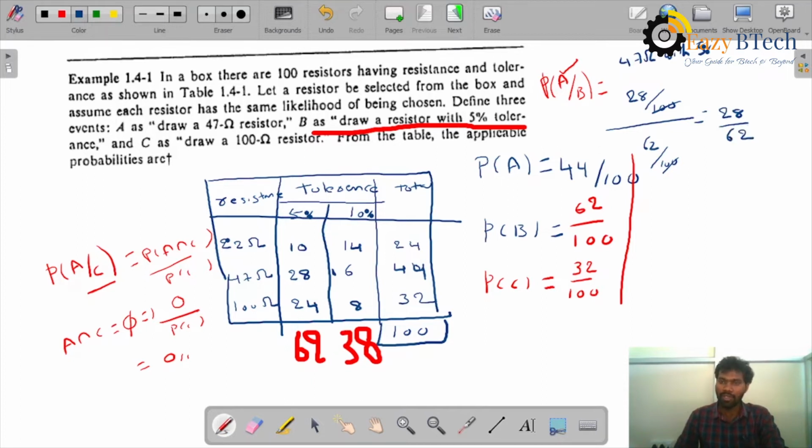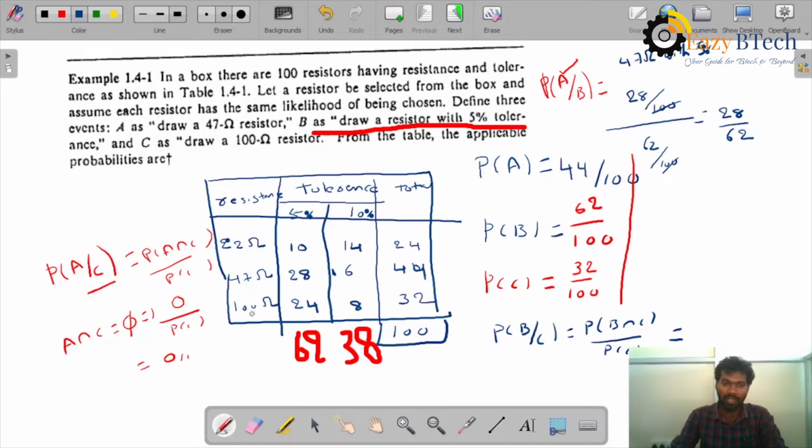Suppose you want to calculate another one, the last example. If you want to calculate P of B given C, it is P of B intersection C divided by P of C. So how do we find P of B intersection C? B means 5% tolerance resistor and C means 100 ohm resistor. That means a 100 ohm resistor with 5% tolerance.